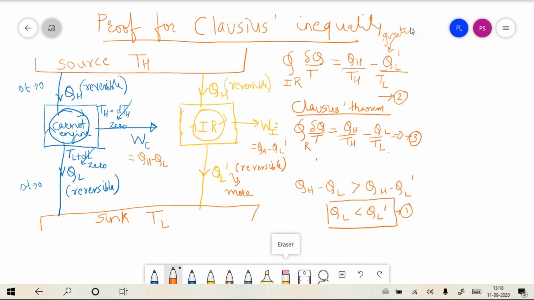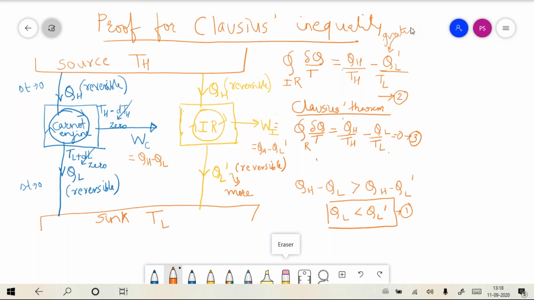And because for a reversible cycle this becomes equal to 0, if you are putting some other value which is greater than QL, look at it from a mathematical perspective, then it becomes negative. You know this is equation 3.